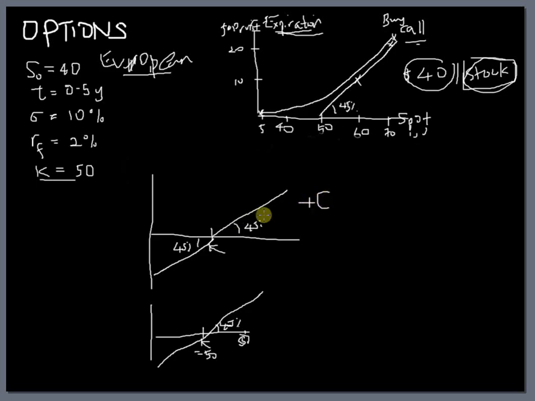So basically from this diagram you can tell that when you buy a call and you sell a put, it's exactly the same payoff at maturity as a forward.